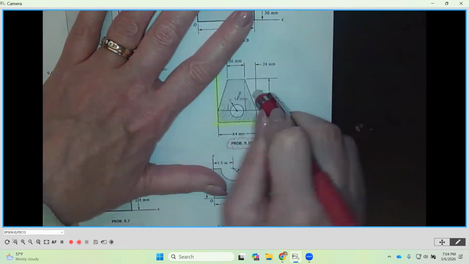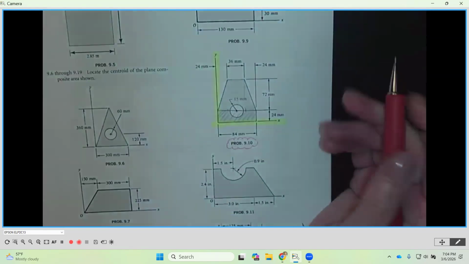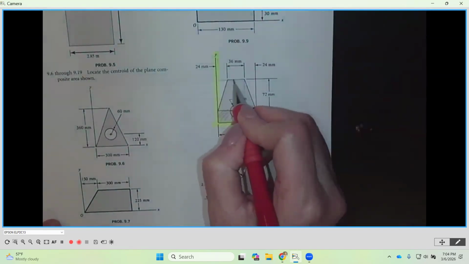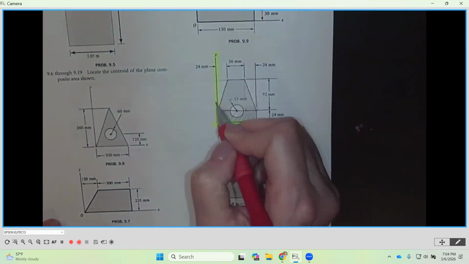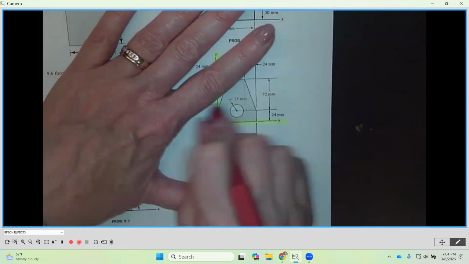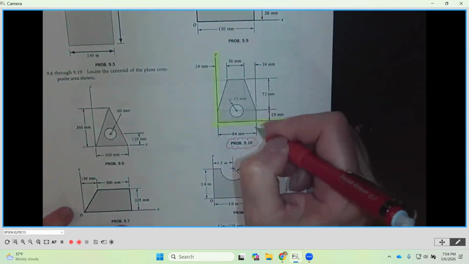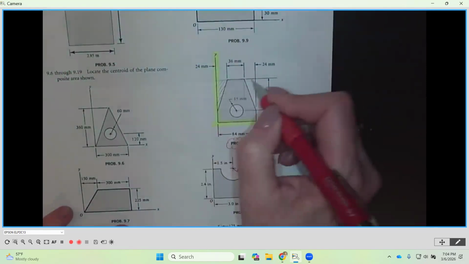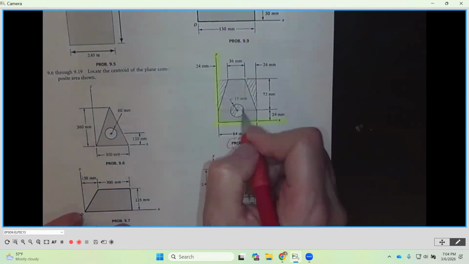Another way to look at it is you could do a whole rectangle, but then you would take away the areas on the side and the hole.